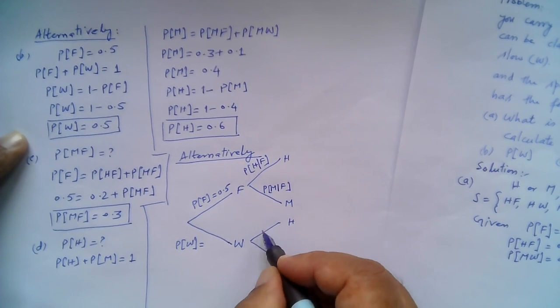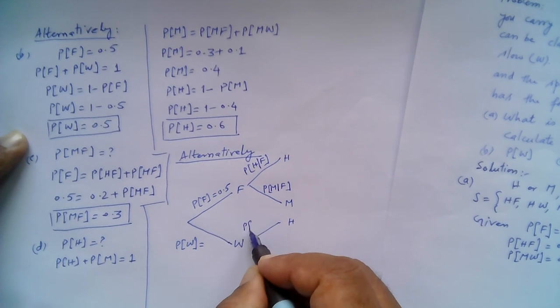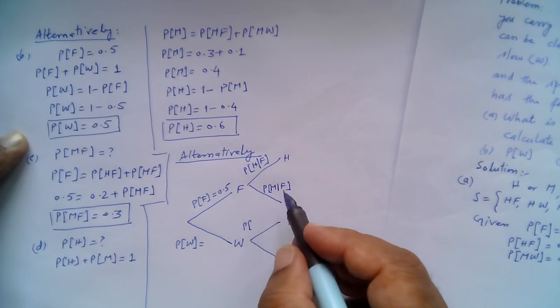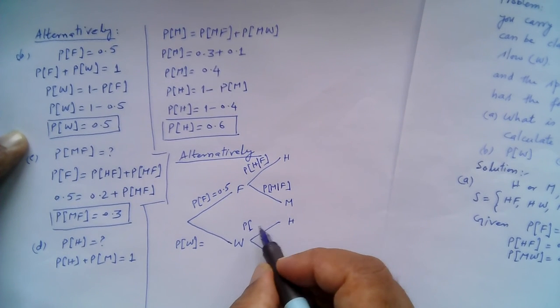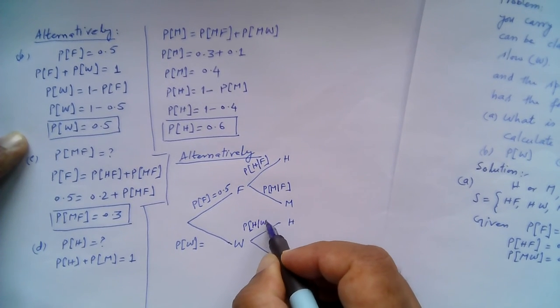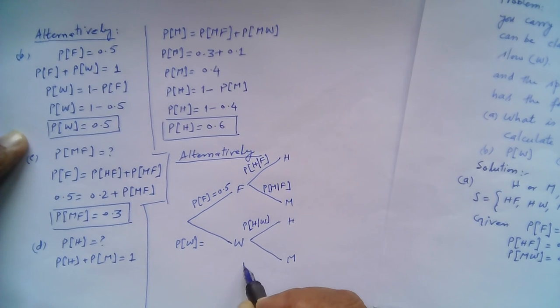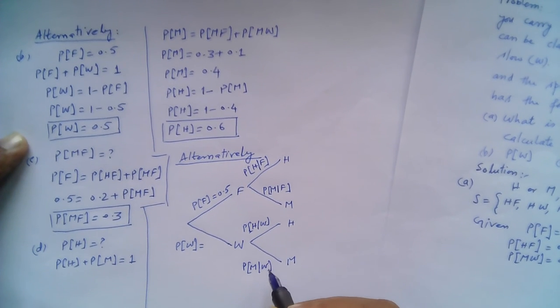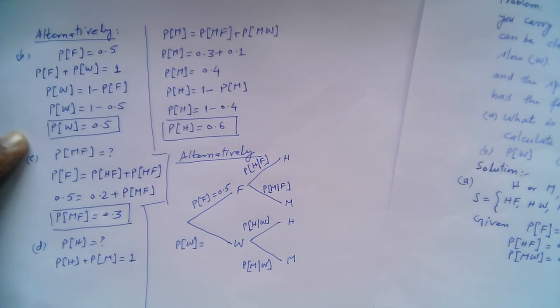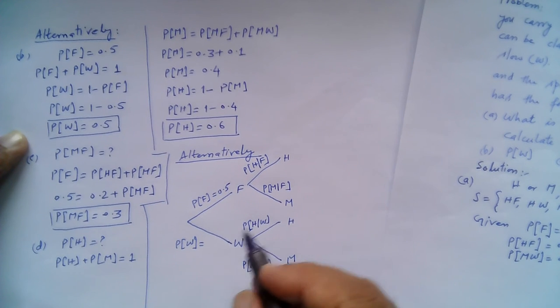These are the conditional probabilities, right? These second branches, these are conditional probabilities. So this is the probability that phone is handheld given that it is slow, and this is the probability that the phone is mobile given that it is slow, right?